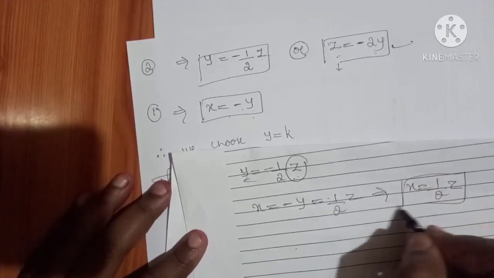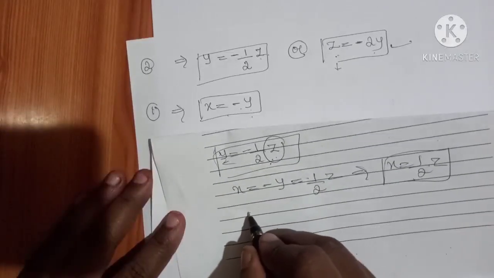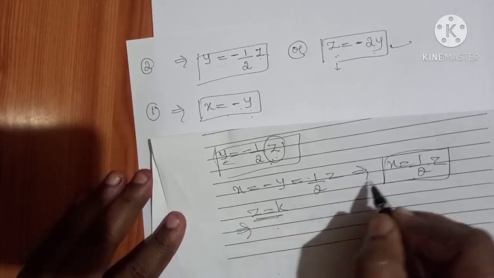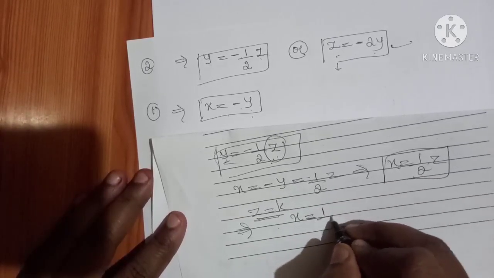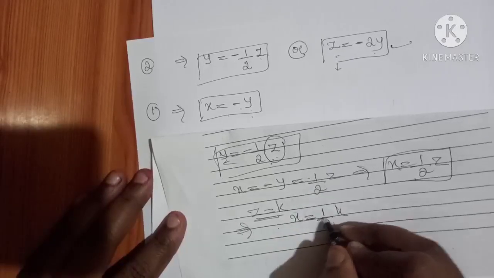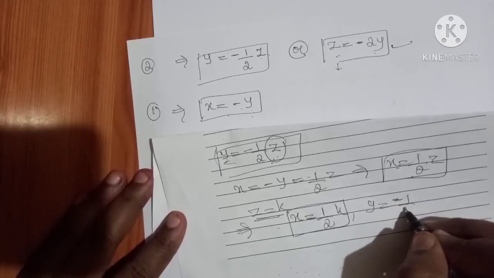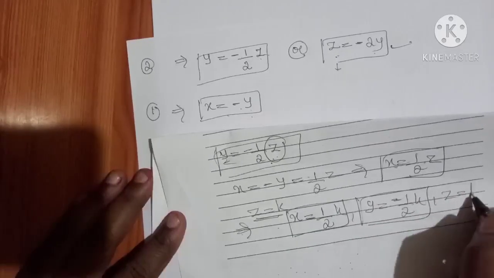Now x is in terms of z and y is also in terms of z. Therefore we choose z equals k. Then on choosing z equals k, we get the set of solutions x equals 1 by 2 into k, y equals minus 1 by 2 into k, and z equals k.